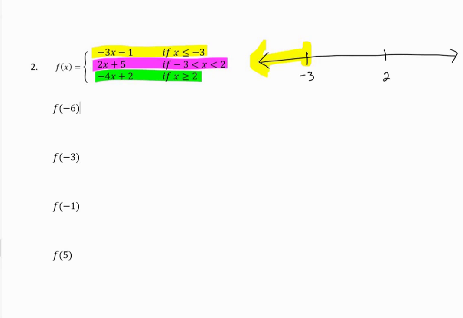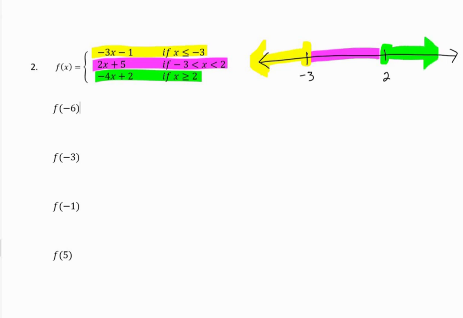The pink part of my graph is going to be from negative 3 to positive 2, but I don't actually want to touch positive 2. I can get as close to it as I want, but I don't want to touch it because the green part is actually going to be covering up that 2. If my input value is 2, I'm going to be using the green part of the function to evaluate.